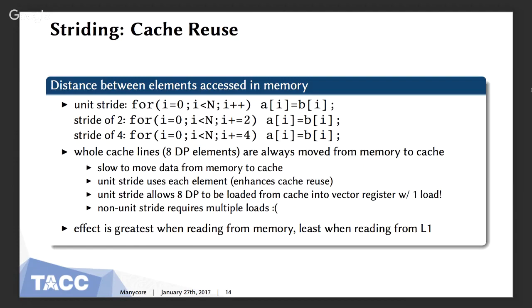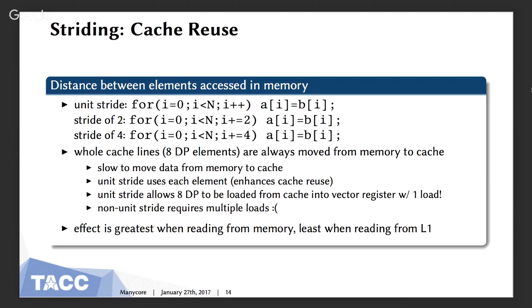The thing is, whole cache lines are always moved from memory to the cache, and a cache line is typically 8 double precision data elements, so 8 doubles in C. You might be familiar with the idea that it's much slower to move data from memory to cache than it is to move data from cache to the cores. Think almost a factor of 100.